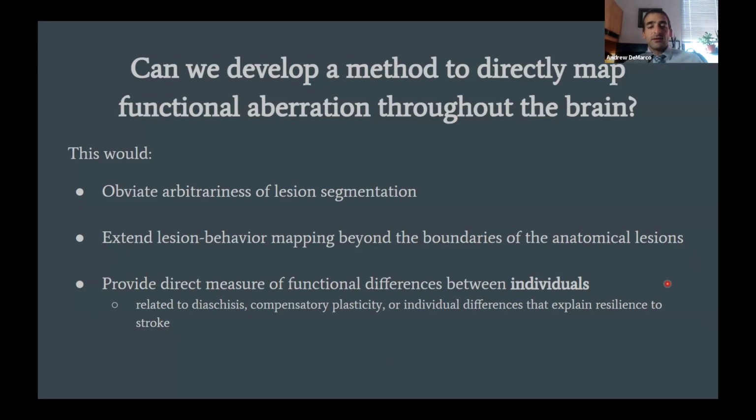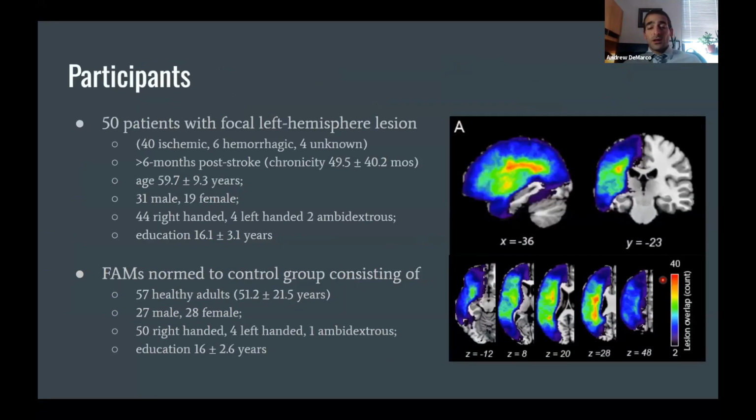It must work at the individual level. And these kinds of differences might be related to remote dysfunction or diaschisis, some type of plasticity, or some other individual differences. And so that's kind of what we try to do. And that's kind of what I'll present here in the next 15 minutes or so.